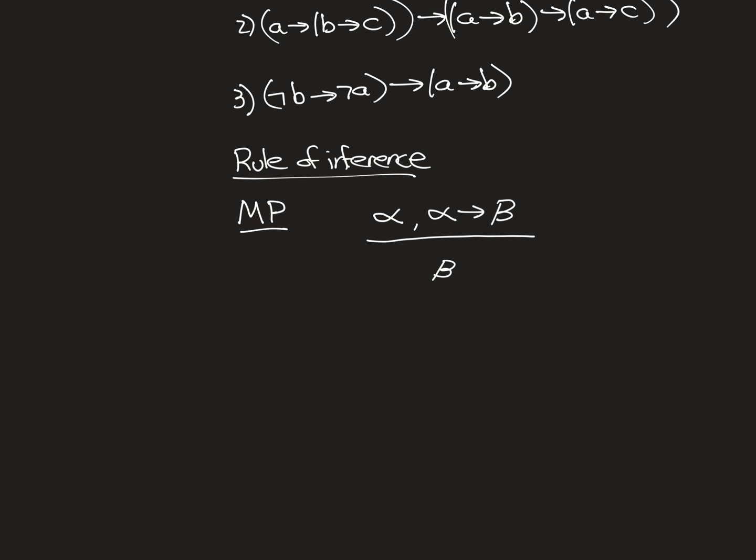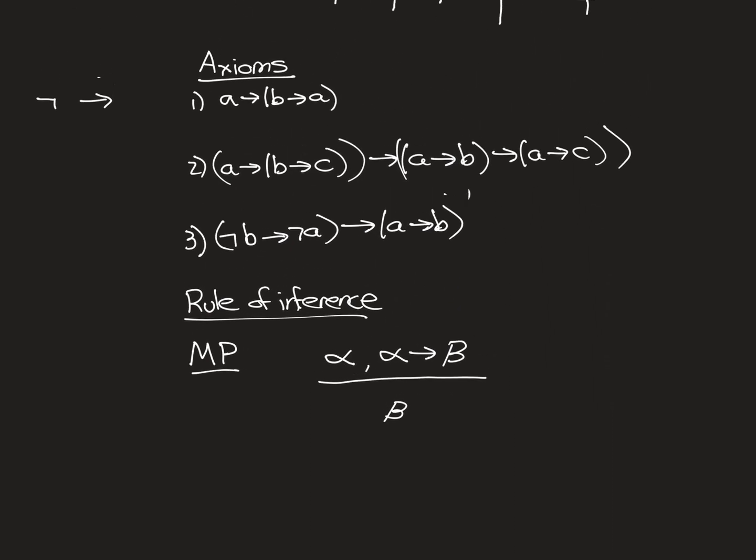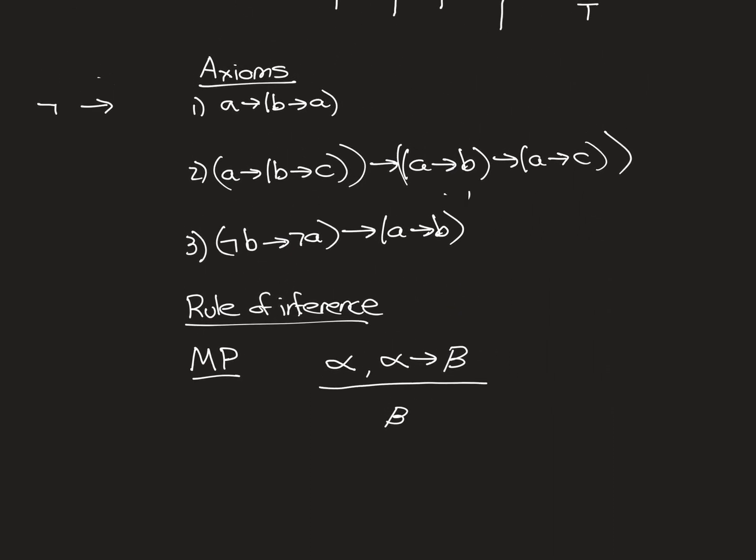And things that are going to be allowed in our formal proof are, in the sequence that makes up the proof, statements that are axioms, and then things that are obtained from previous things in the sequence by applying modus ponens.